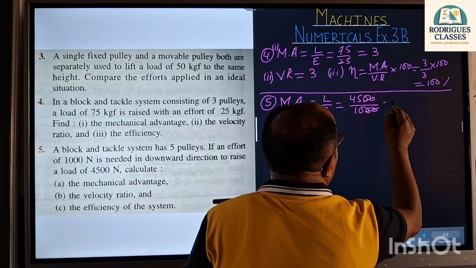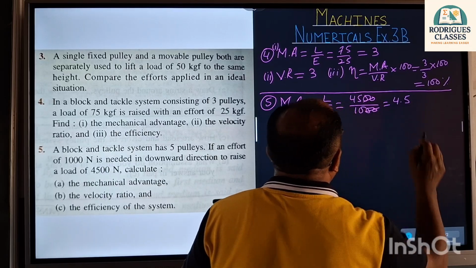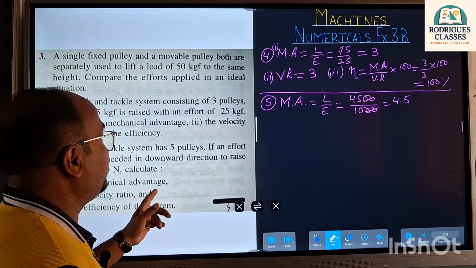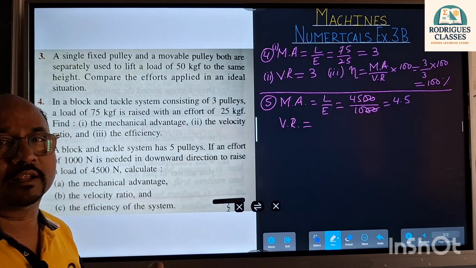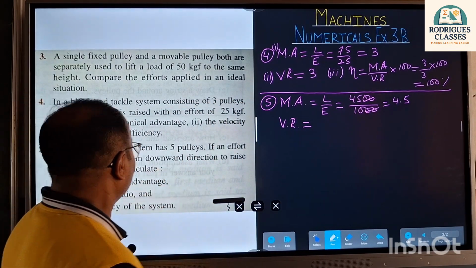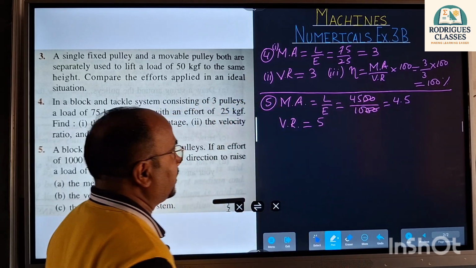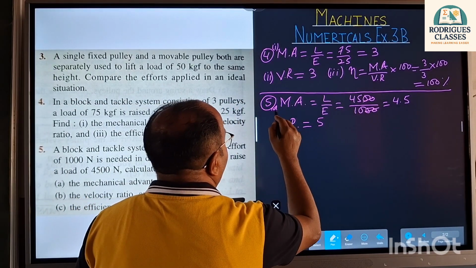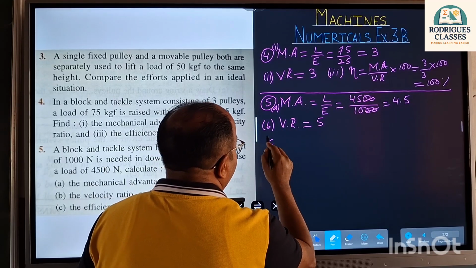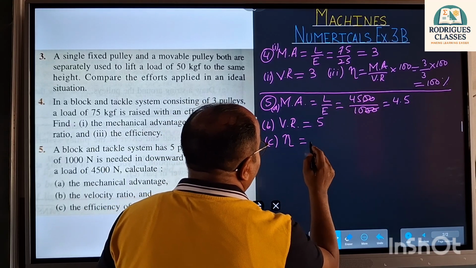So 2 zeros cancel, 45 by 10 will give us 4.5. Then velocity ratio will be the total number of pulleys in a block and tackle system, and so it comes to as 5 directly.